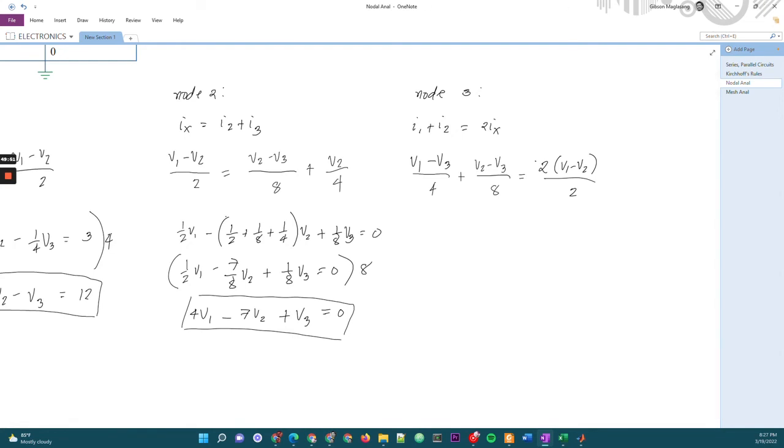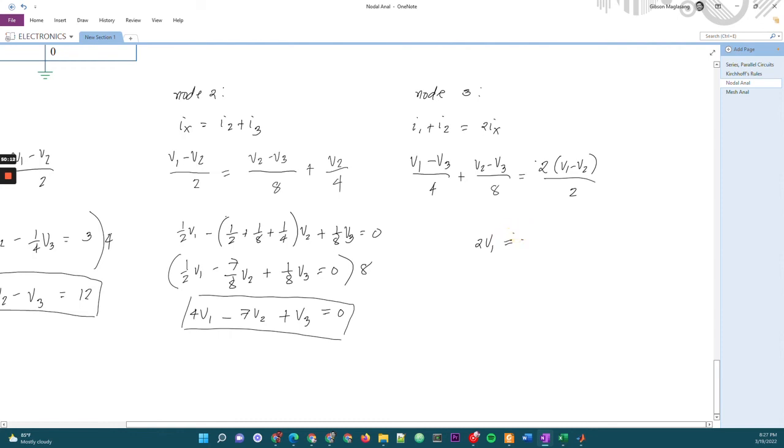If you do the algebra here, you will get 2V1 minus 3V2 plus V3 equals 0. Okay? You can try to solve this one and confirm.